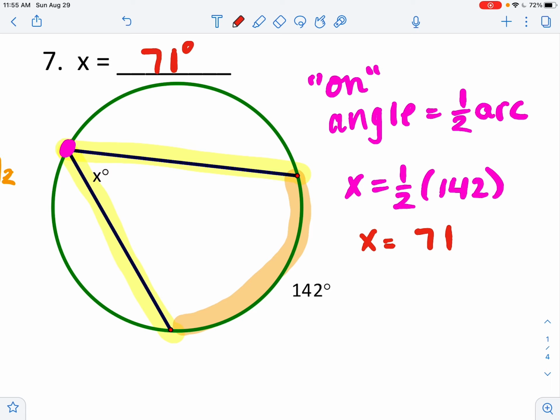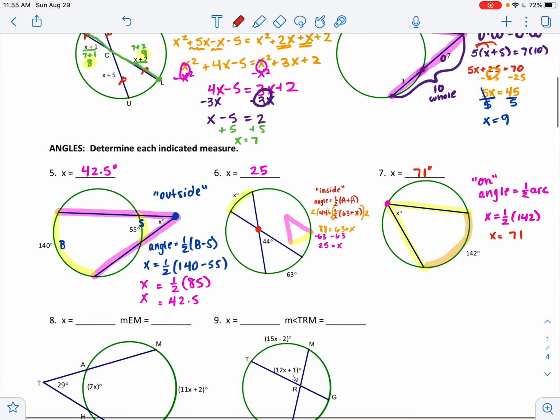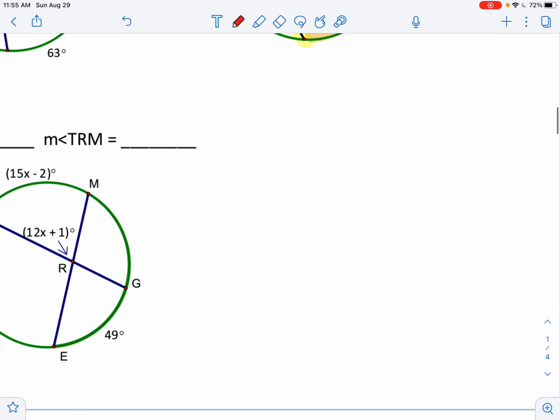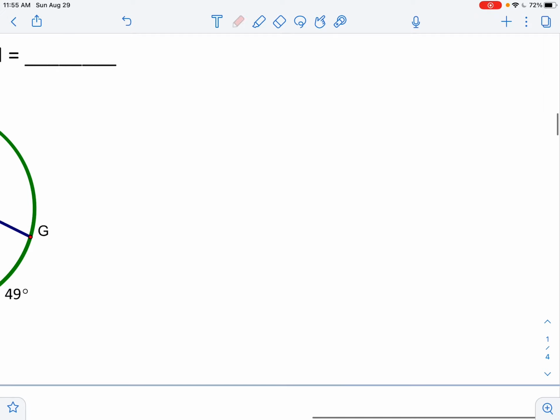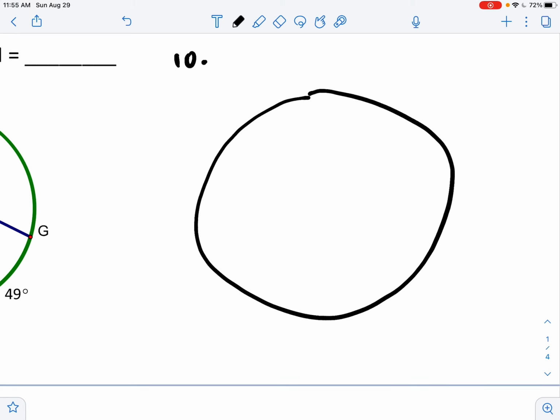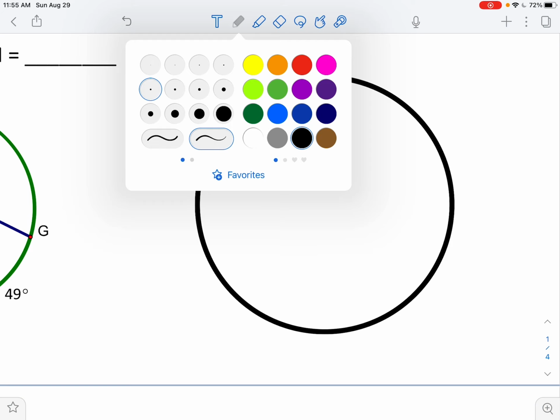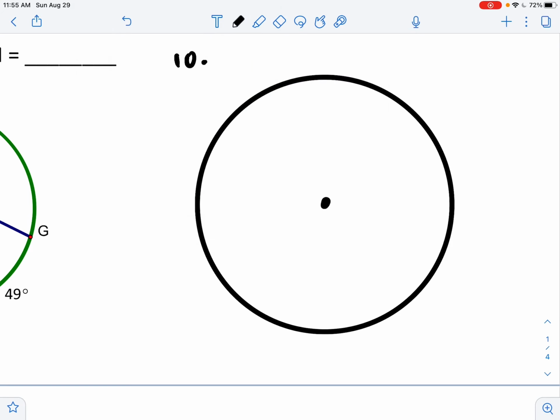71 degrees. Now, there is one other type that's not here, but I want to show you. So 8 and 9 are both types that we've seen together. So I'm going to leave those for you to try. But I'm going to add my own number 10 right here. I'm going to draw my circle. And there's another type of angle that you might see, and I kind of had mentioned it before.